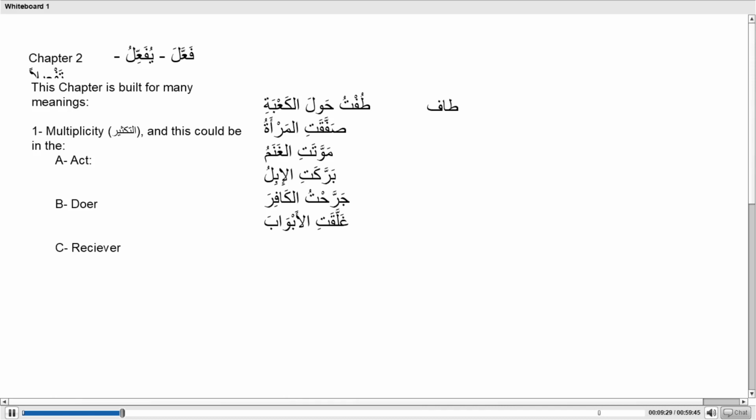Or, yes, I circumambulated around the Kaaba. واضح؟ Does it show how many times you have done that, just by saying that you have circumambulated around the Kaaba? It doesn't. So you want to convey to the one whom you're speaking to that you have done that plenty of times.